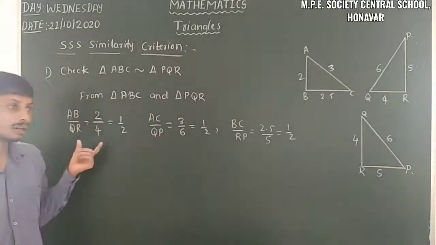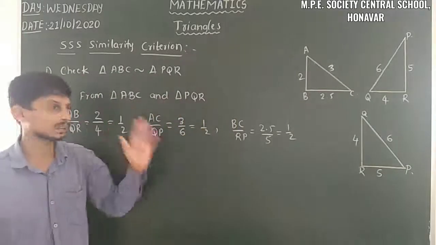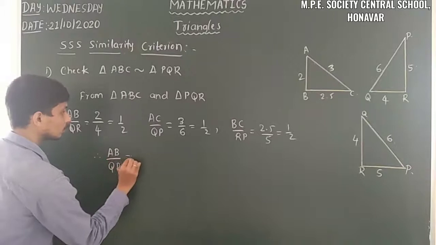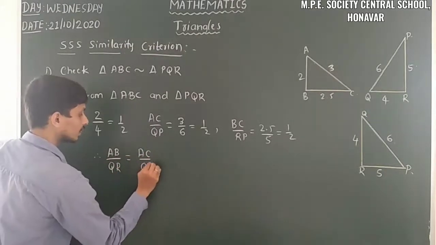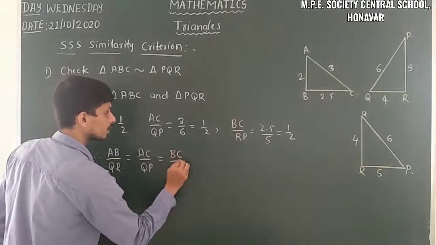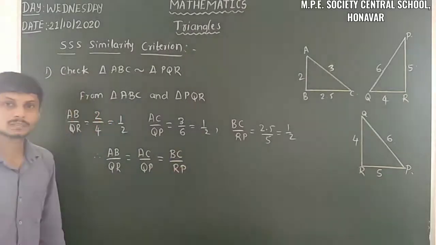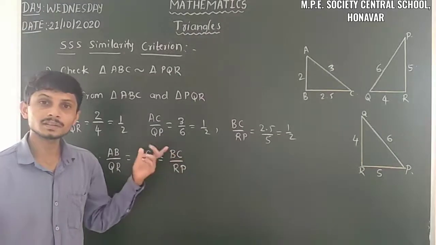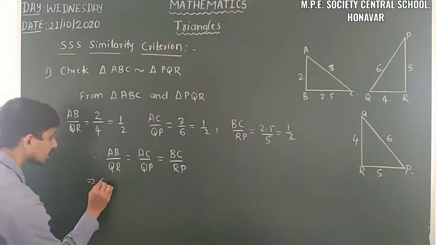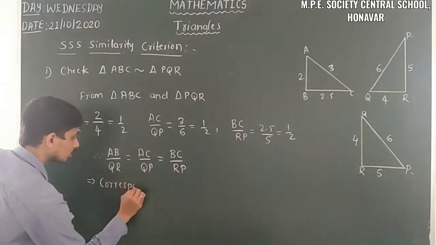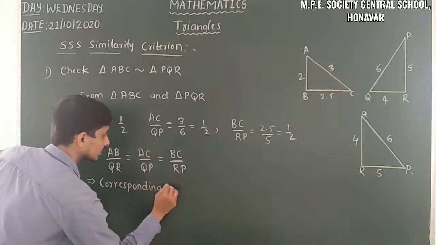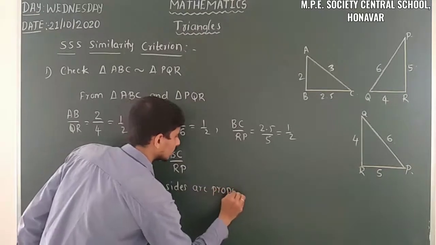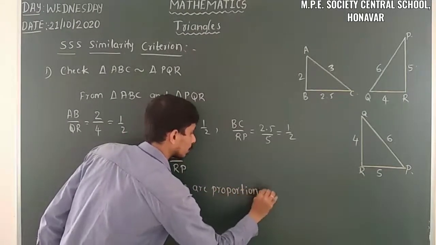Just observe, all the corresponding sides are proportional. That's why AB by QR is equal to AC by QP is equal to BC by RP. This implies the corresponding sides are proportional.